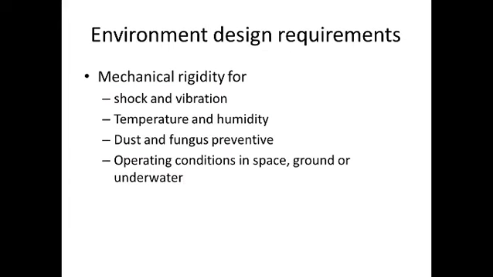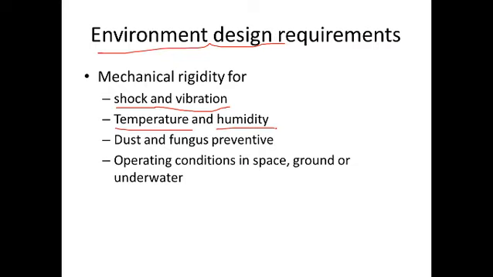Then environment design requirements. What are the environment design requirements? These consist of different environmental effects on the PCB. So what are the different effects? Shock and vibration. If it is a portable one, it should withstand shocks and vibrations. Then temperature and humidity.